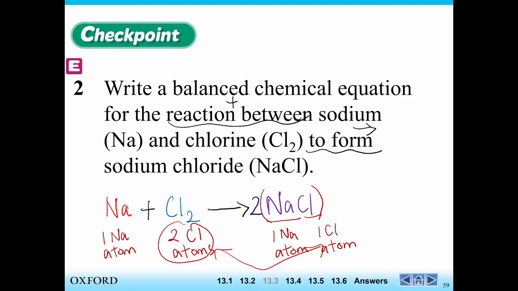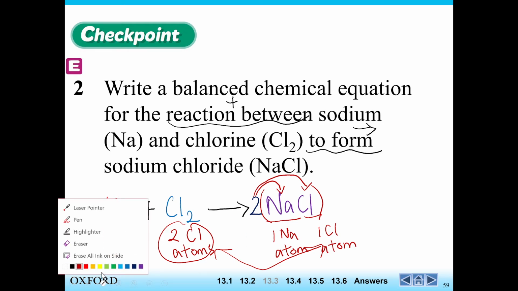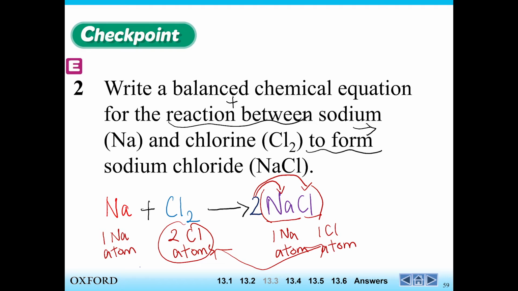It means that it is having 2 times Na and 2 times Cl. So now let me change this bit. It's not one sodium atom anymore; there are 2 sodium atoms. And it's not 1 chlorine atom anymore; there are 2 chlorine atoms.